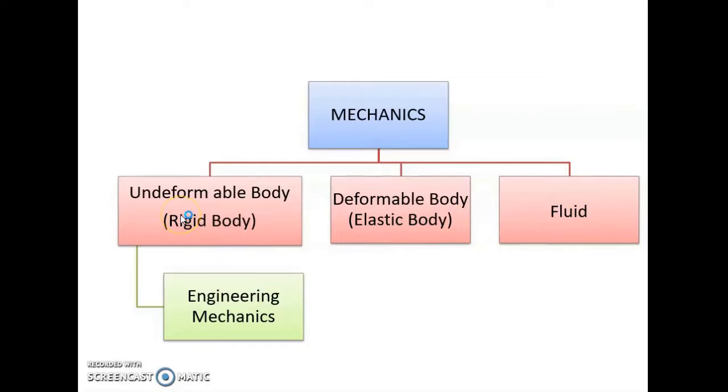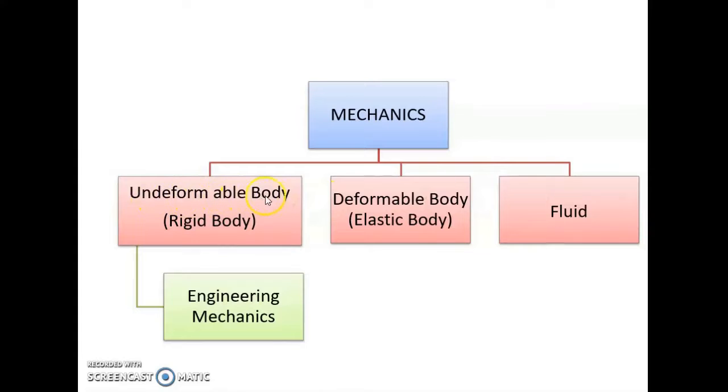So, based on the type of body the force is acting on, you can classify mechanics as undeformable body mechanics, deformable body mechanics, and fluid mechanics. So, let us see what each of these is.